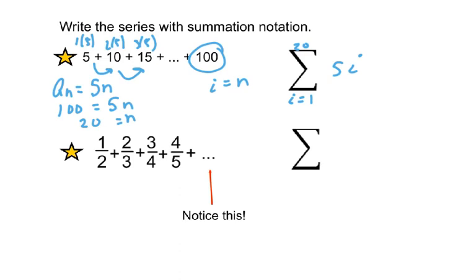So that's how the series would be represented. For our second one, well, what's happening? 1/2 to 2/3 is not equal to the change between 2/3 and 3/4. Well, the numerators are just 1, 2, 3, 4, and it's position 1, position 2, position 3, position 4. So it looks like the numerator is just n. The denominators are going up by 1 as well, but they don't start with 1.